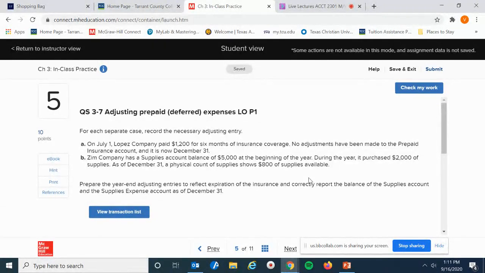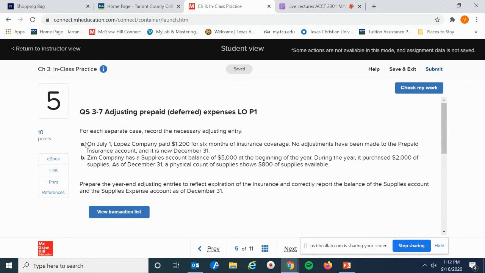So if $1,200 is the coverage for 6 months, if we take $1,200 and divide it by 6, that would mean that every month the company will be using $200 worth of insurance.